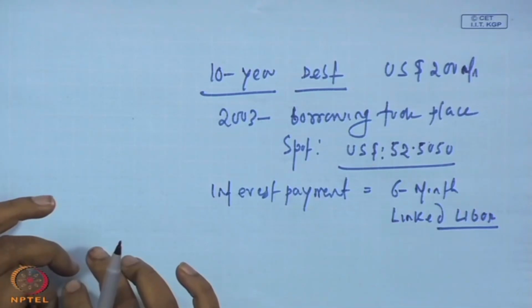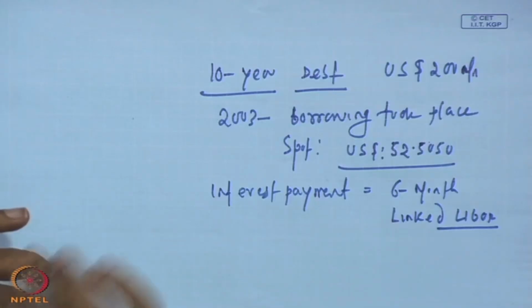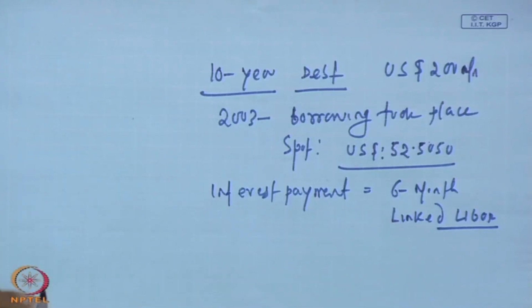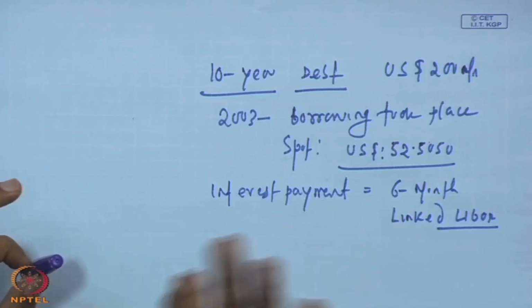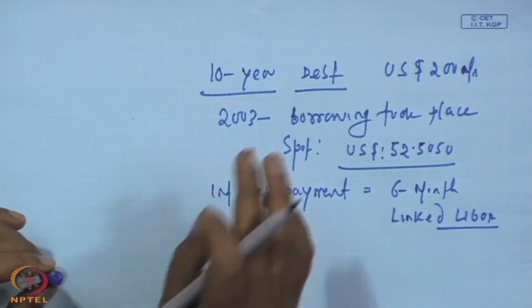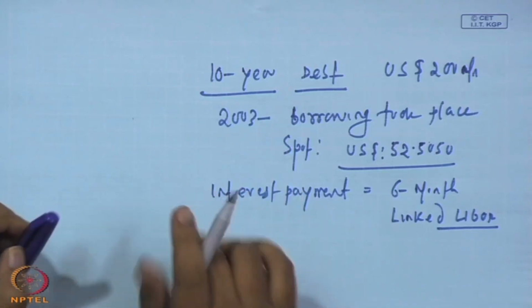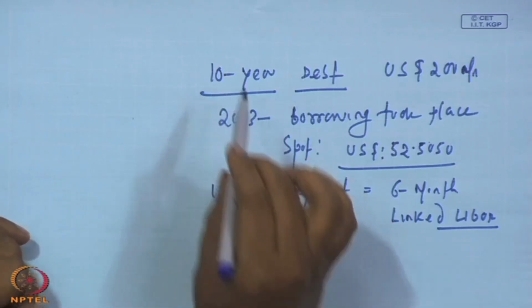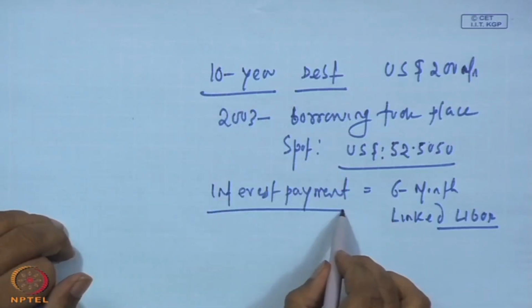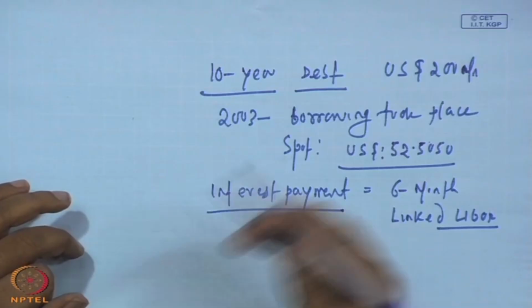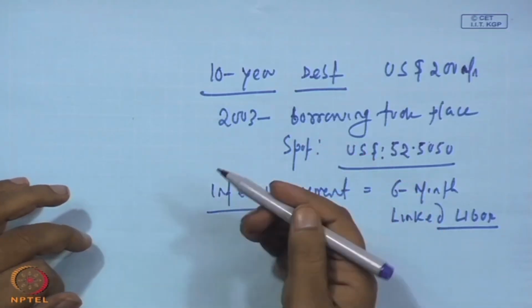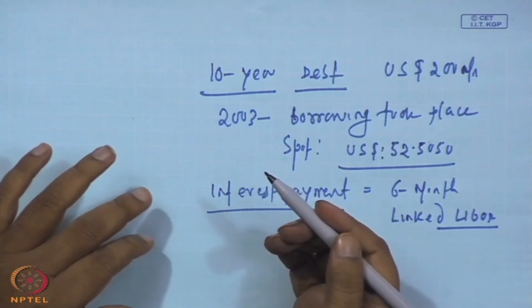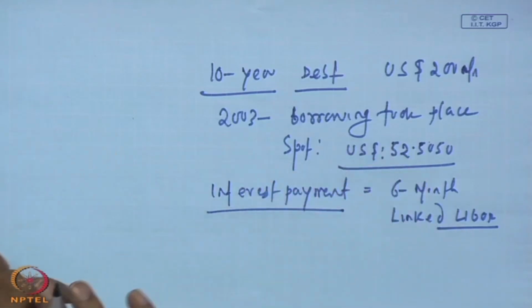LIBOR fluctuates every moment, and the 6 month LIBOR is what the payment is linked to. So every moment the interest rate fluctuates, and every moment there is a risk. Every 6 months the Indian company has to pay interest in foreign currency. The Indian company does not know what the exchange rate will be after 6 months, so there is a transaction exposure risk.